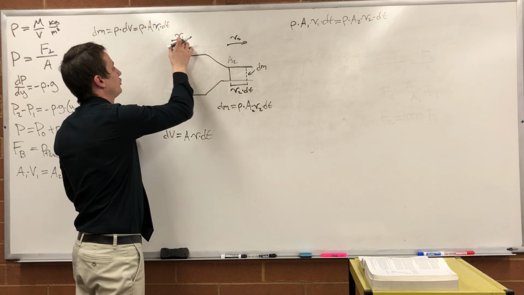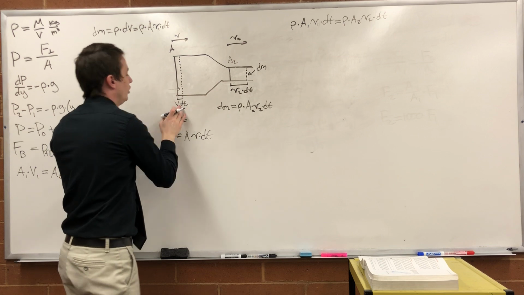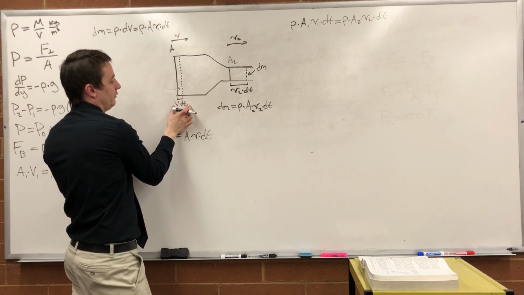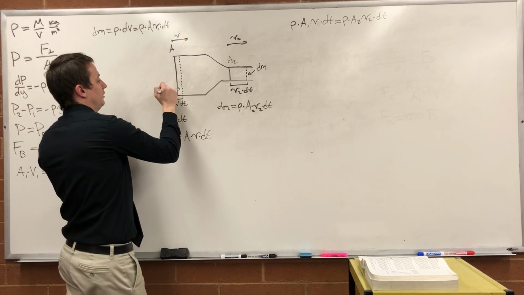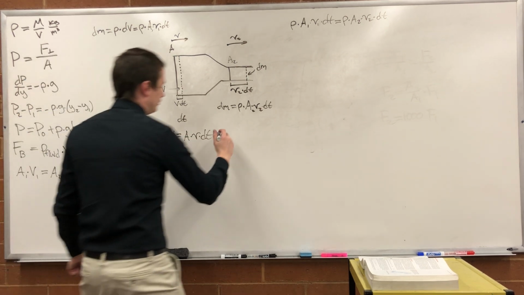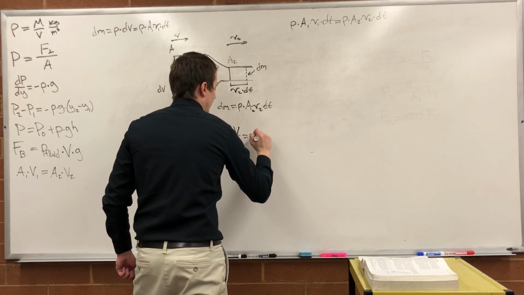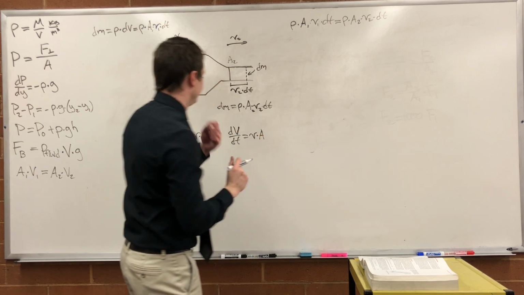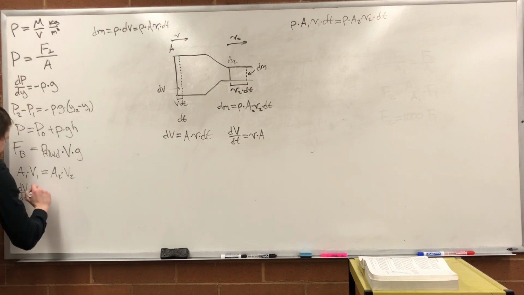So reset up. This has cross-sectional area A with velocity v of the fluid going through it. We are saying after some time dt, then we have v times dt is the volume of the fluid that went through this, right? So dV here is equal to A times the velocity of the fluid times dt. Or in other words, the change in the volume with respect to time is equal to the velocity times the area. And we call that the flow rate. So the flow rate of your fluid, dV/dt, is equal to velocity times area.